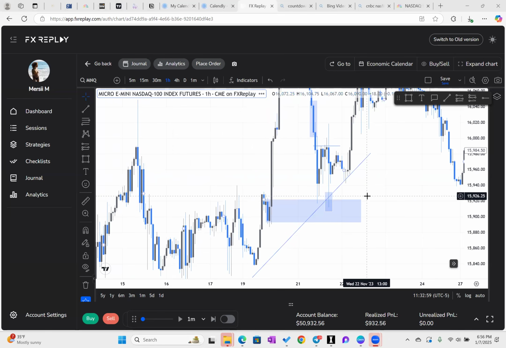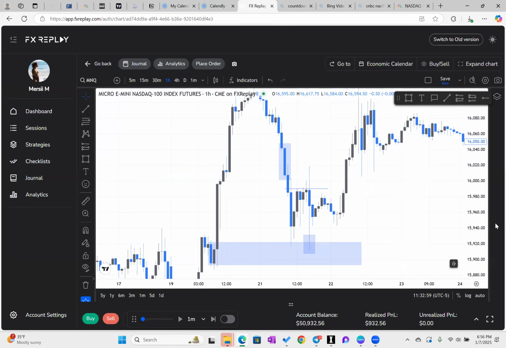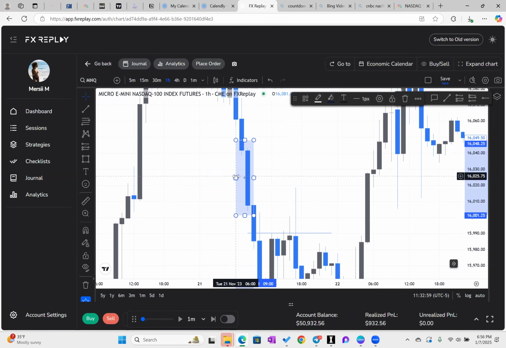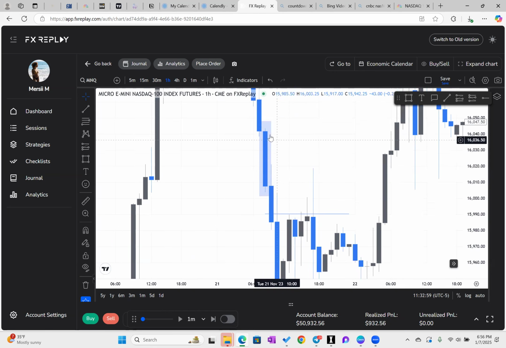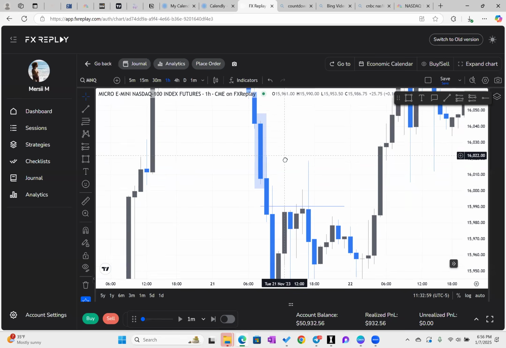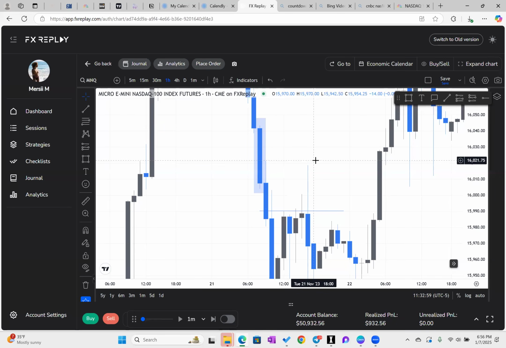The imbalance is the whole candle or it's the wick from the first candle to the last? You want to have little to no wicks in imbalance. The imbalance in this case is just this candle right here. This is the strong impulsive move. This has a huge wick sticking out of it, so buyers were clearly involved in that candle.